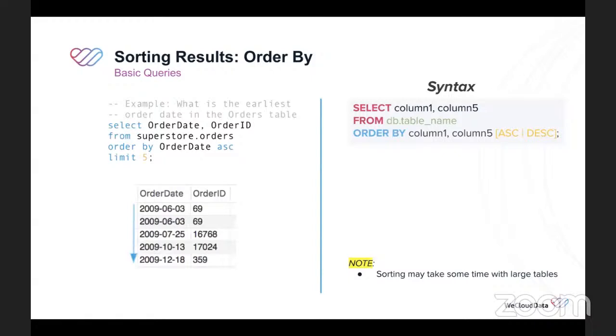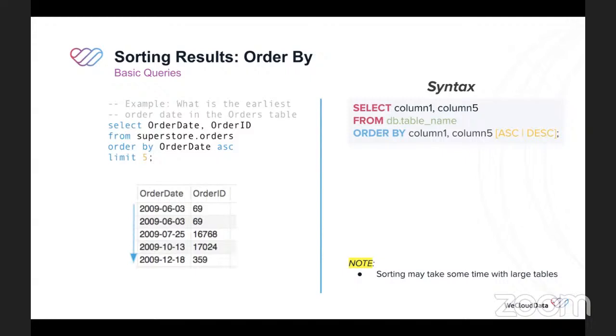Now for order by, this is ordering by the values of a particular column. Okay. Now for the default, order by is in ascending order. So if the column is numerical, smallest number on top, biggest number on the bottom. If it's a datetime, then the earliest day on top, the most recent date on the bottom.